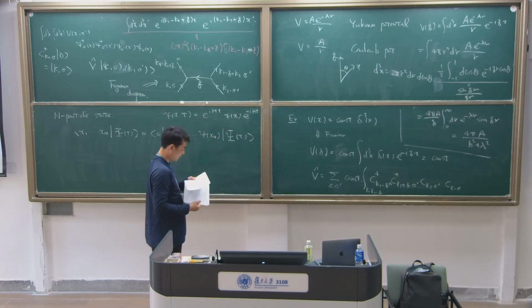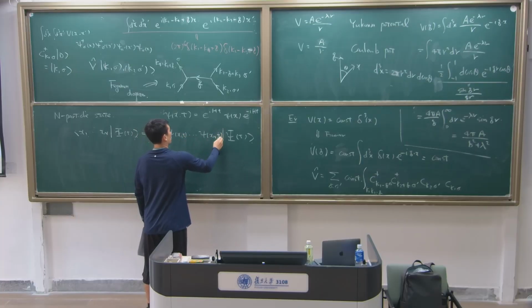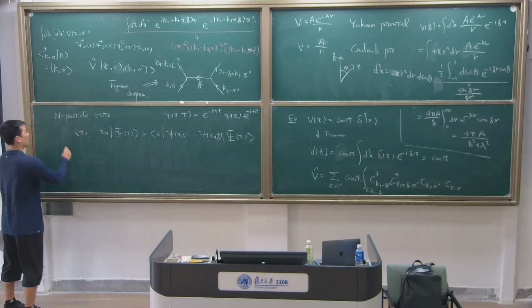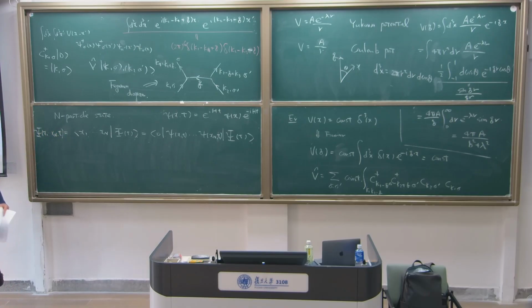I don't remember the sign issue. And so it implicitly depends on t. So this is the wave function, and this will satisfy the Schrodinger equation.